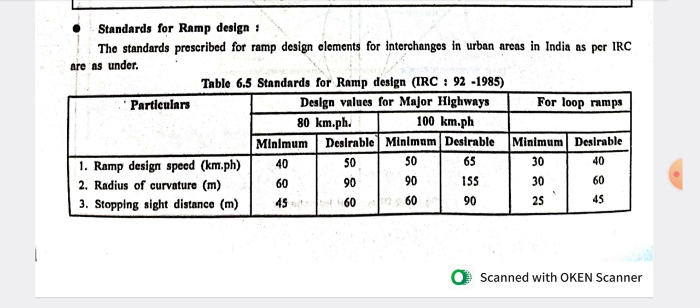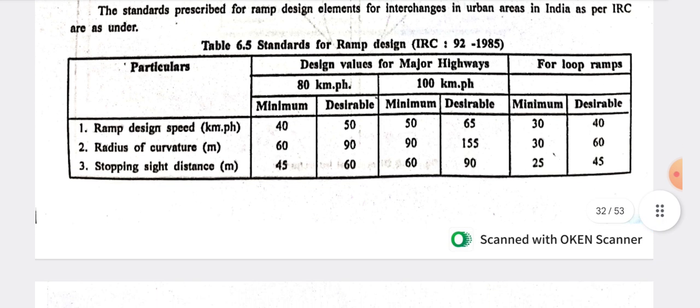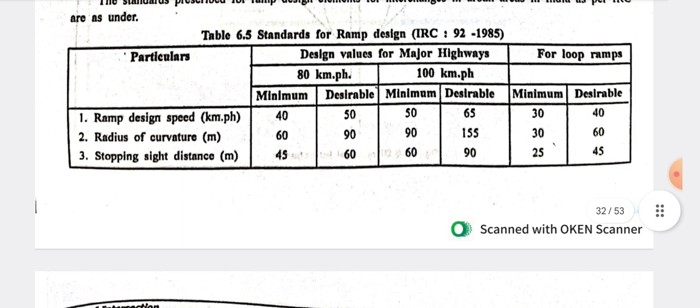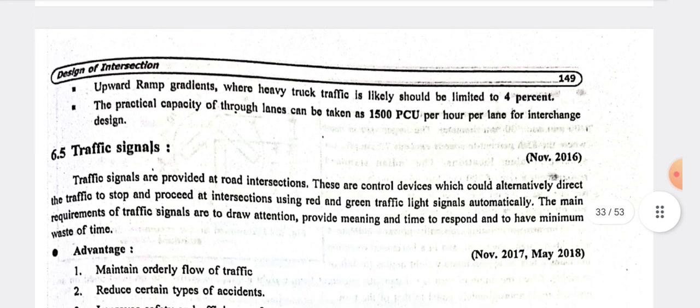Now standards for ramp design. Here design values of the major highway and loop ramp are given. The design values depend on vehicle speed. If the vehicle speed is 80 kilometer per hour or 100 kilometer per hour, the design ramp speed, minimum and desirable, is given in a table. Then radius of curvature in meters is given, and stopping sight distance is also given.